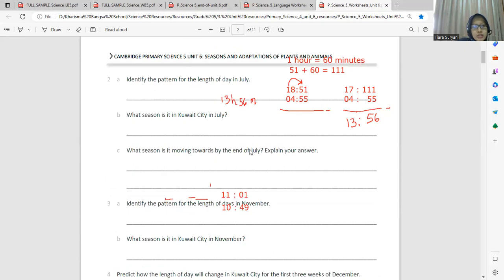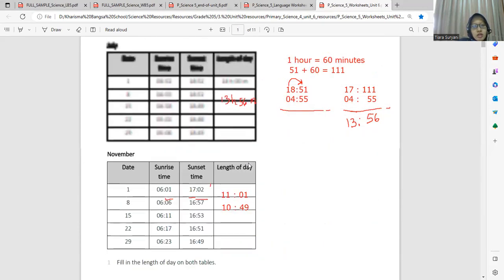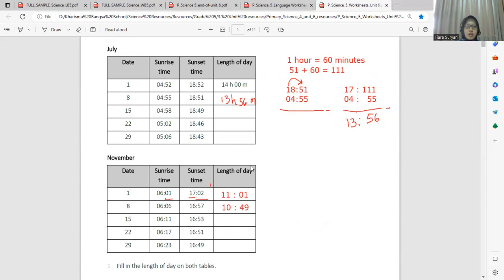And then the season in the city in July. In July, what season? Later we will do the table. In July, what season? It is between June and September. On June, the Northern Hemisphere is having summer, right? And then after summer is autumn.